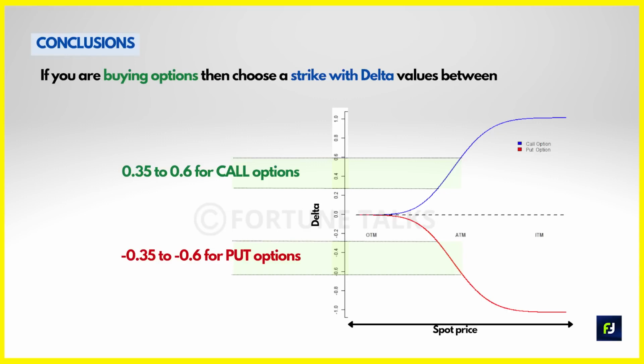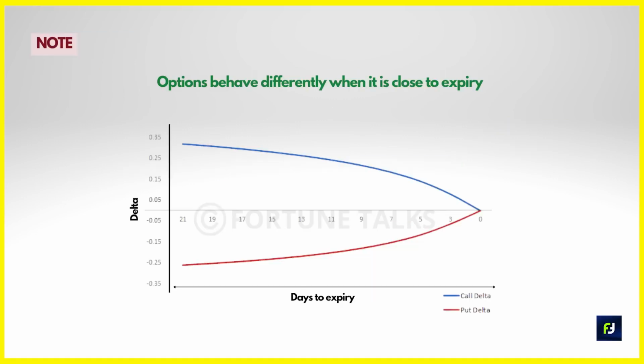And as a closing note, options behave differently when it comes to expiries. As you may know, during expiry, all the out of the money options will go to zero, and so will their deltas. This is perfectly explained using this particular graph. The horizontal axis shows the days until expiration, and the vertical axis shows the delta values.